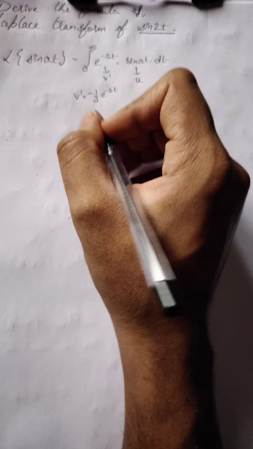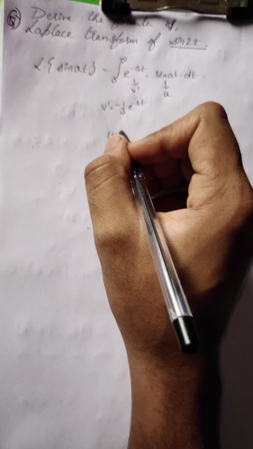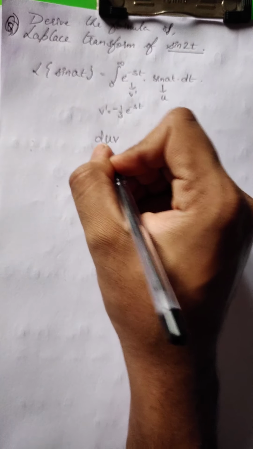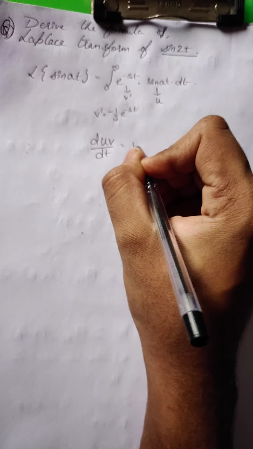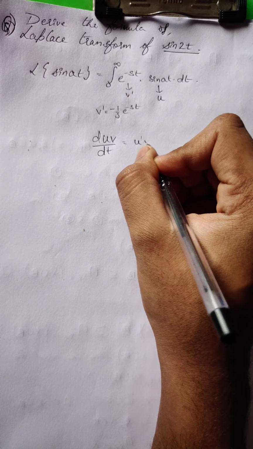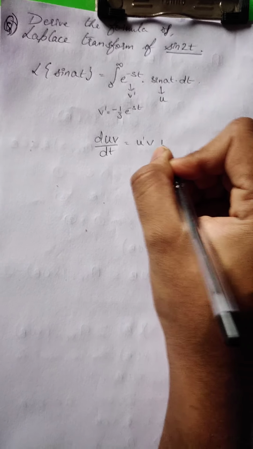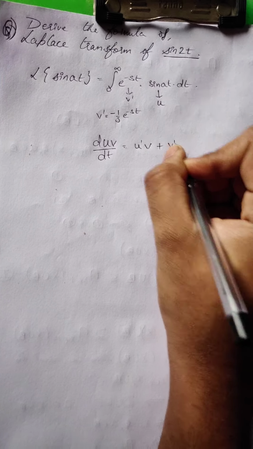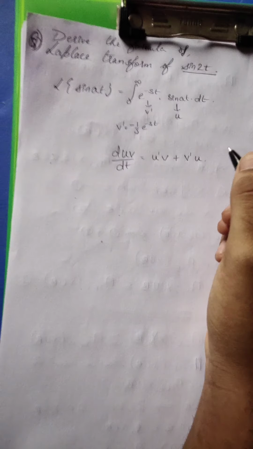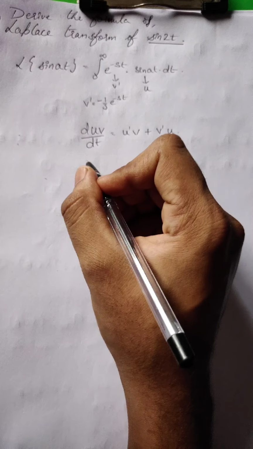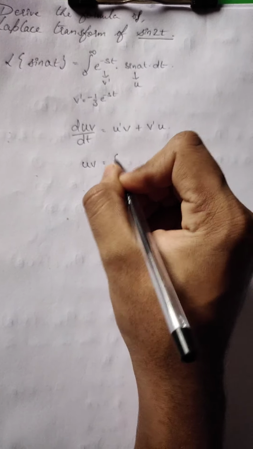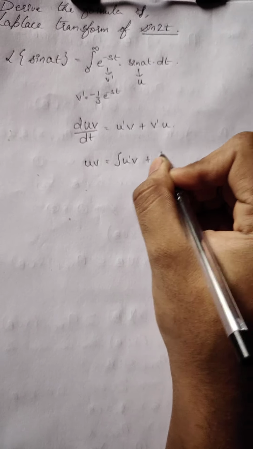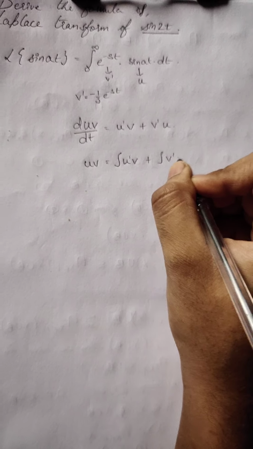So to get this we can do one thing: take uv and differentiate it. We'll have the derivative of uv equals u dash v plus v dash u. Now integrate this. You'll have uv equals the integration of u dash v plus the integration of v dash u.